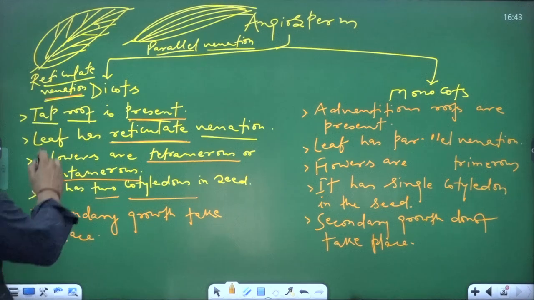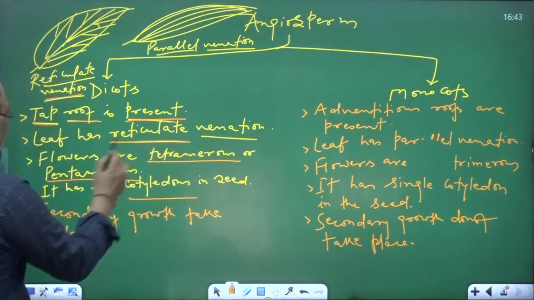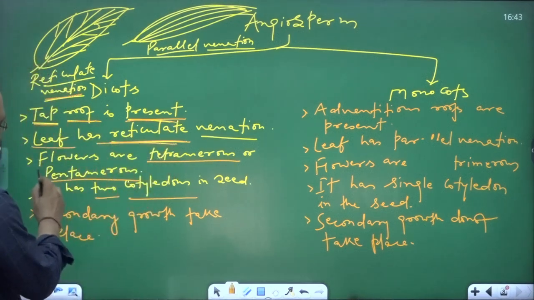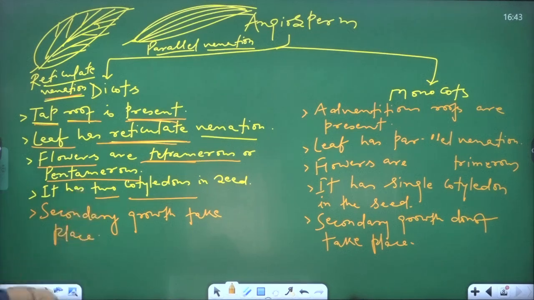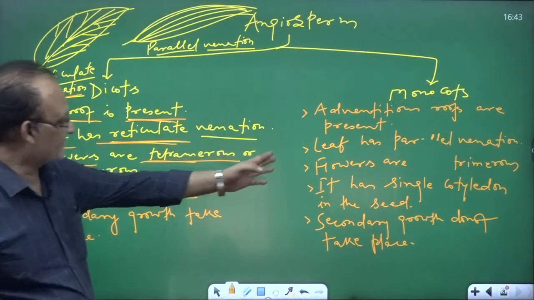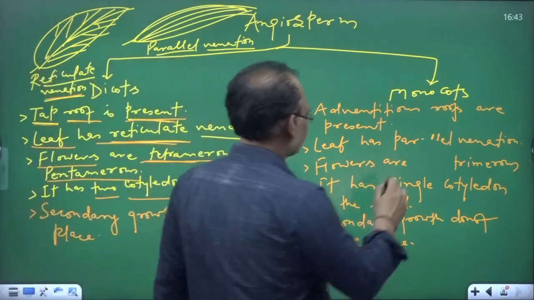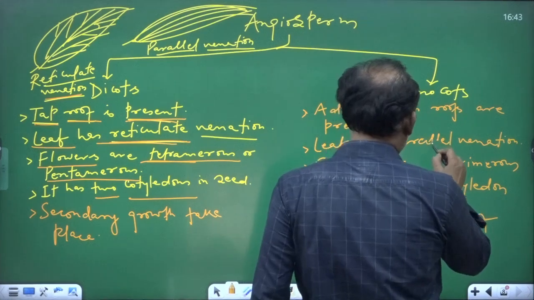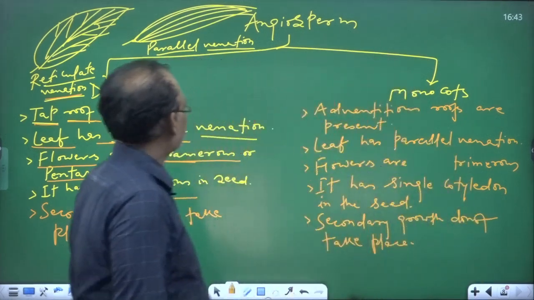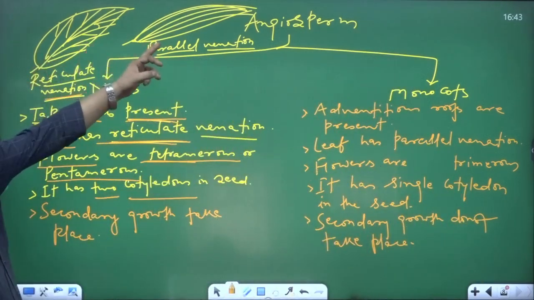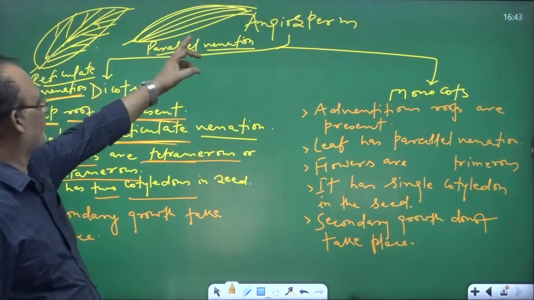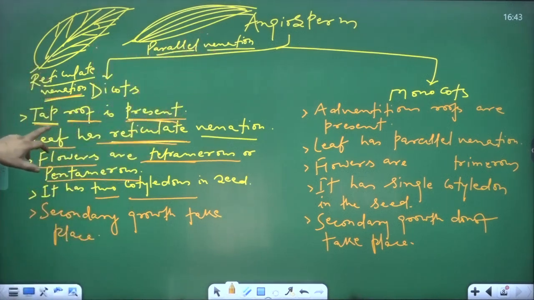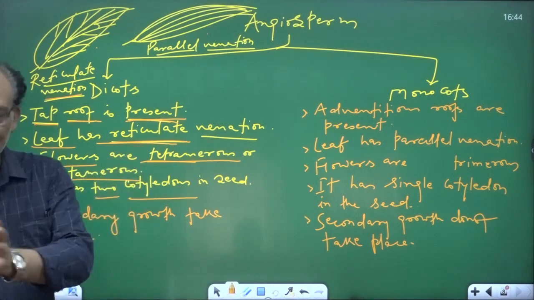Clear? You understood this? So this is the condition in dicots, this is the condition in monocots. This is reticulate venation, this is parallel. Taproot here, leaf has reticulate venation, flowers tetramerous: 4 sepals, 4 petals.